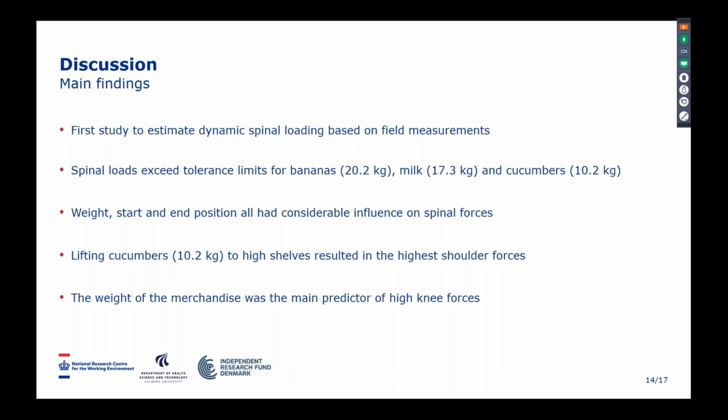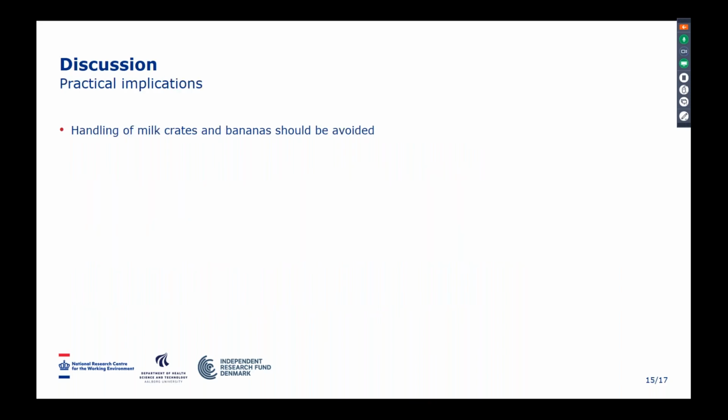But as I mentioned before, when lifting heavy merchandise and walking with it, there are points where you put all of your weight on one leg, which can result in up to 8 times the subject's body weight in resultant force in the knee.